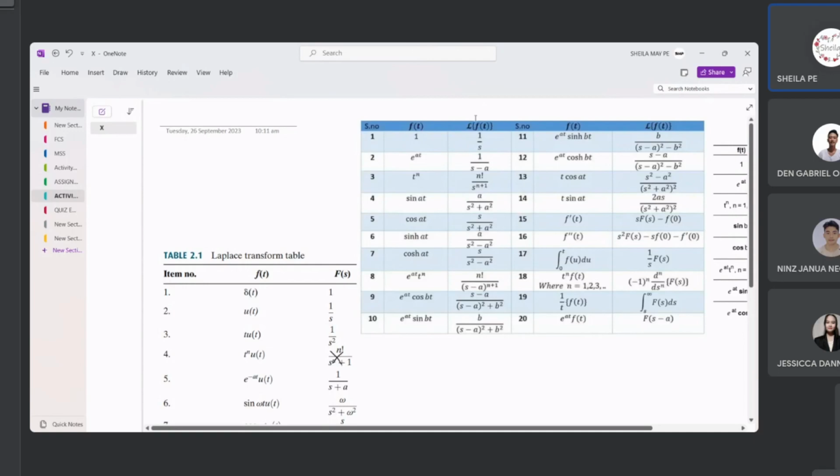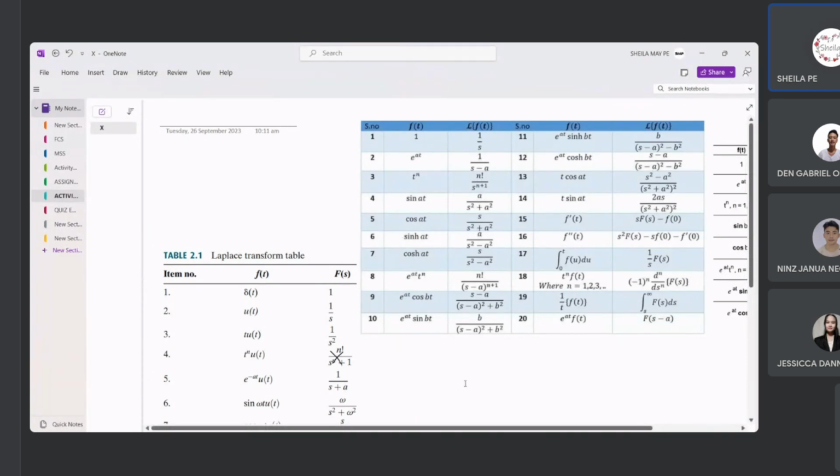We will transform it to our Laplace transform in the form of F(s). Now, for our inverse class, we were given a Laplace form, and we need to invert it back into a function of our time.